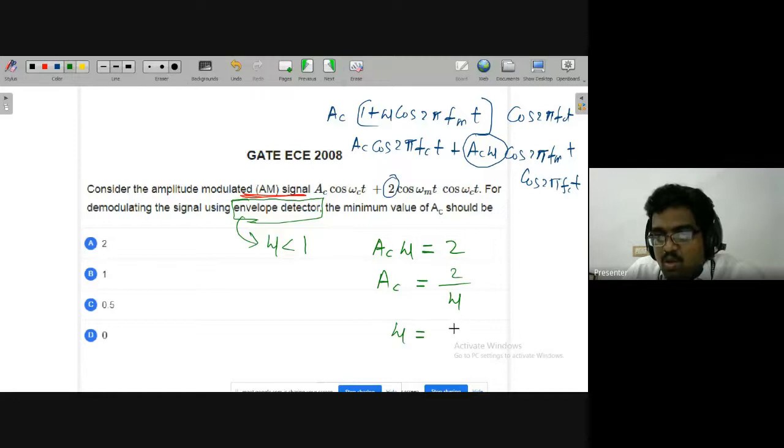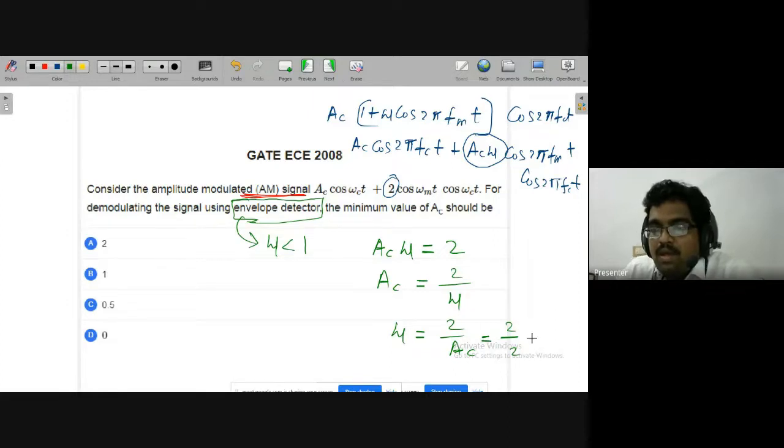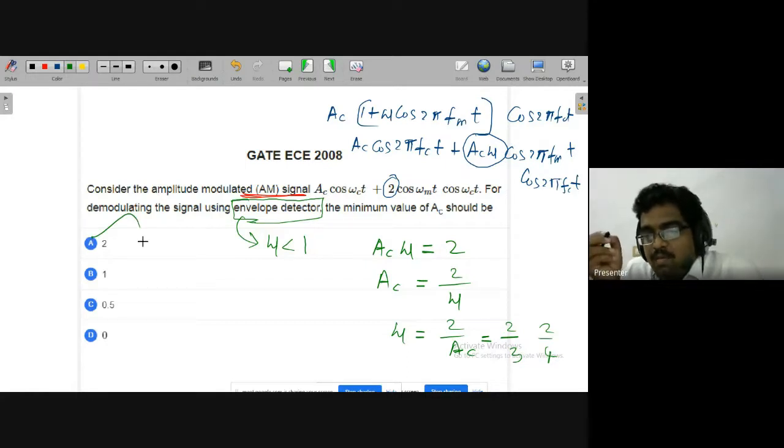I have to calculate mu as 2 divided by Ac; the minimum I have to put is 2, since 2 by 2 gives 1. It may be greater than 2 also. If I put 3, mu is less than 1. If I put 4, it is also less than 1. But I should not put less than 2. That's why the minimum value of carrier amplitude Ac is 2.